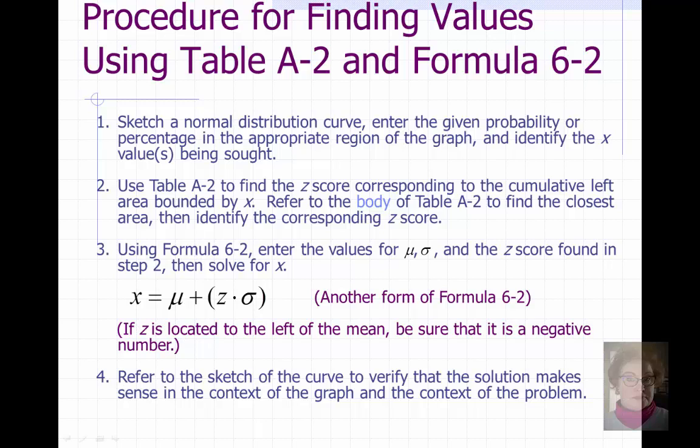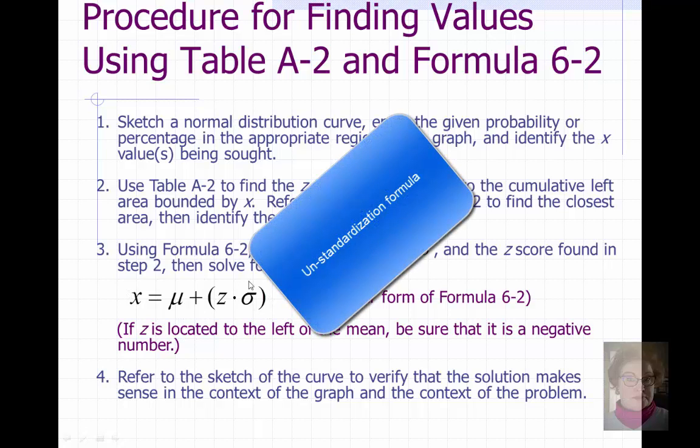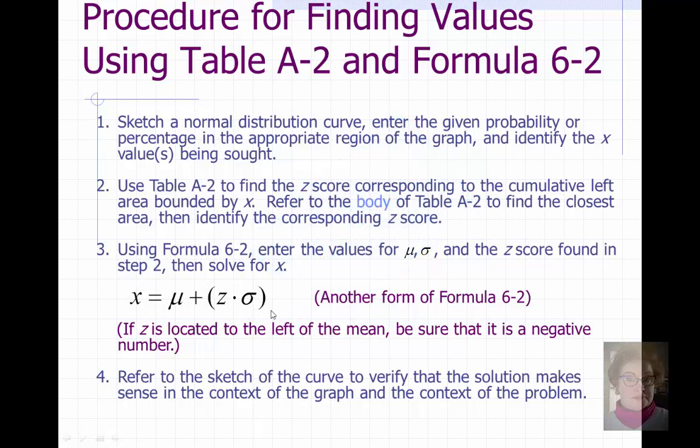Now, if you're going to be using the table and you want to find the score when you know the probability, you have to unstandardize the z-score. What this formula right here in black is the unstandardizing formula, and it's simply an algebraic manipulation of the standardizing formula.